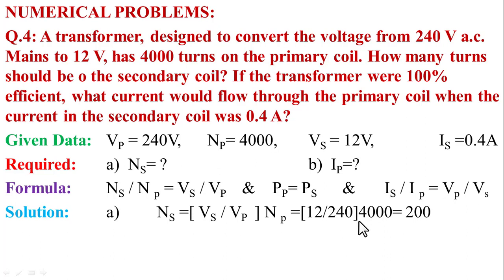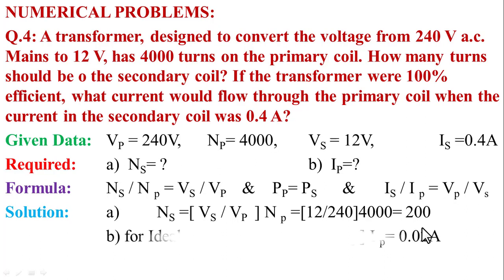Here 1 over 20 multiplied by 4,000 means 4,000 divided by 20, that is equal to 200. So the number of turns on the secondary coil is equal to 200.